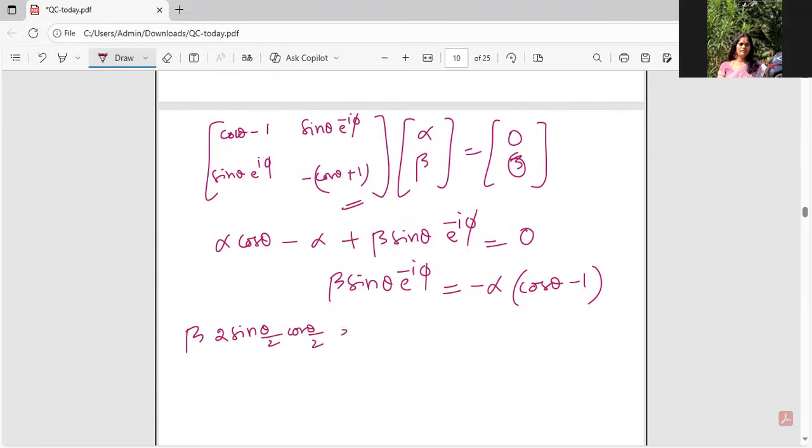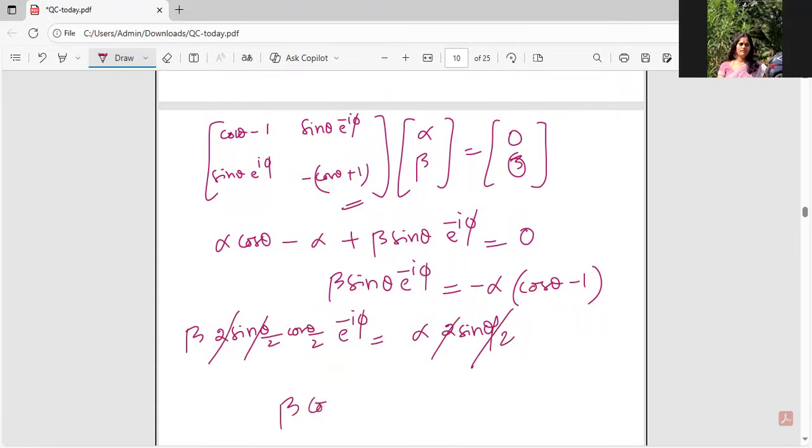Yes or no? E power minus I phi, this is equal to, of course, I'll take out this 1 minus cos theta, which can be written as 2 sine square theta by 2. These things go off.